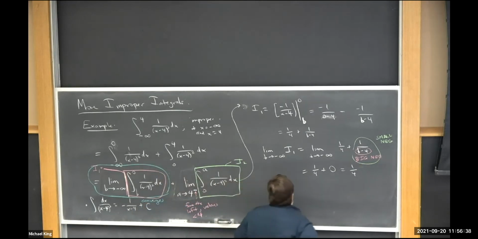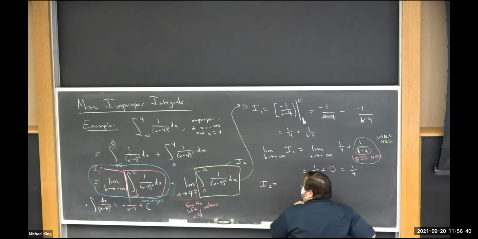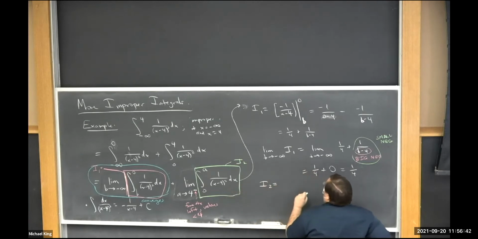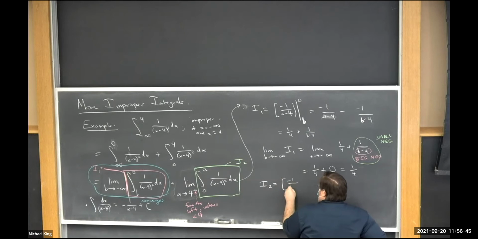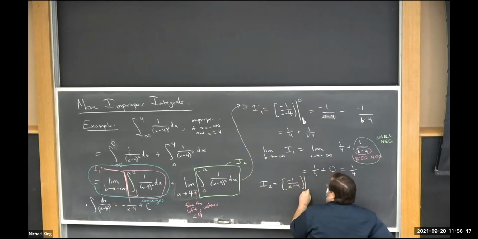The second part, I2, was this thing, right? So that's -1 over x minus 4, now from 0 to a.